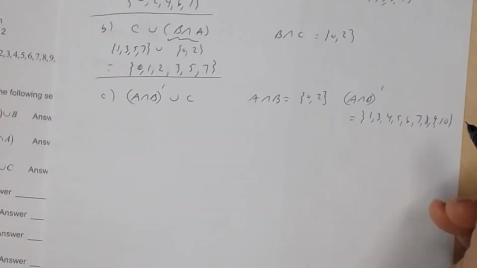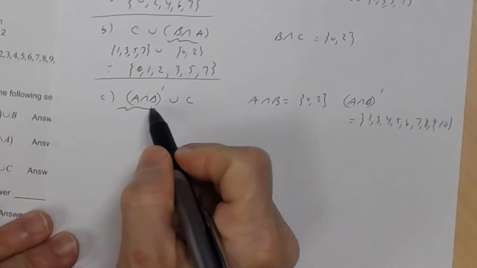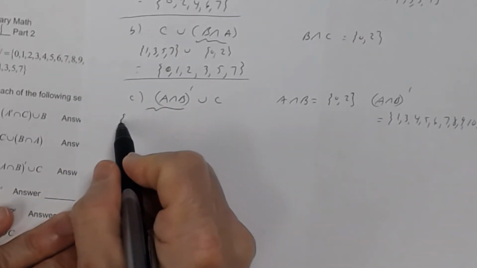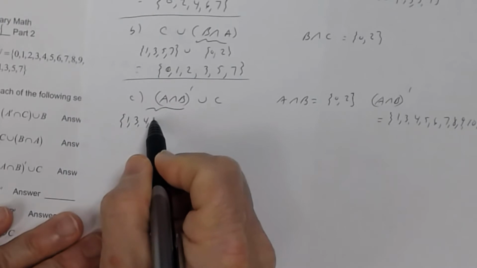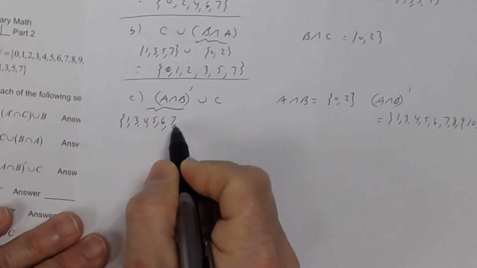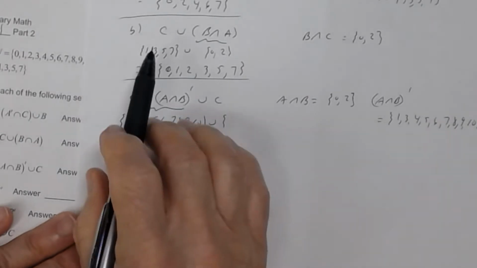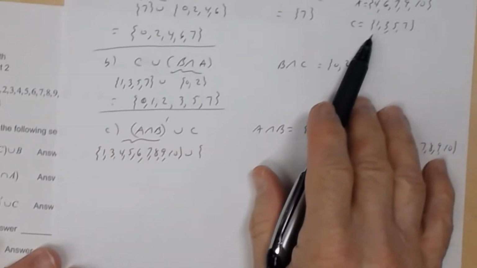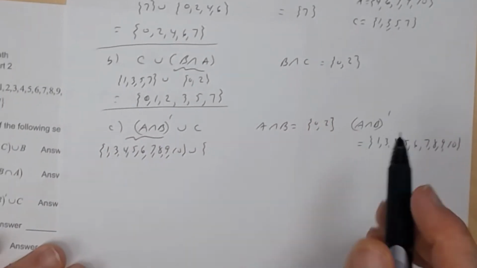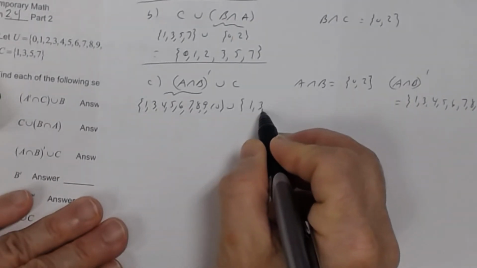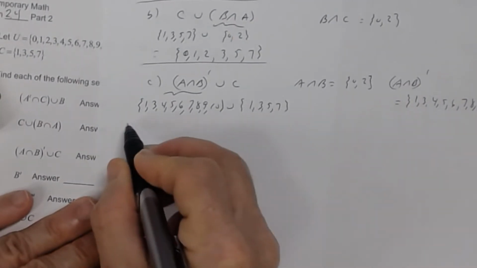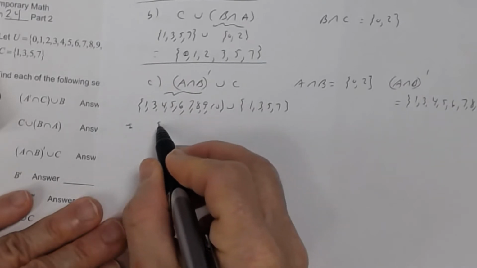All right, so that's going to go here. So 1, 3, 4, 5, 6, 7, 8, 9, 10. And we union that with C, which is 1, 3, 5, and 7. Again, this is a union, so every element you see is going to be in your set.